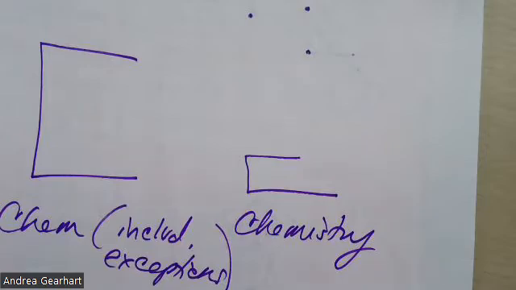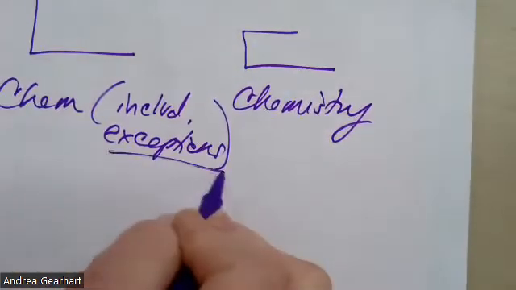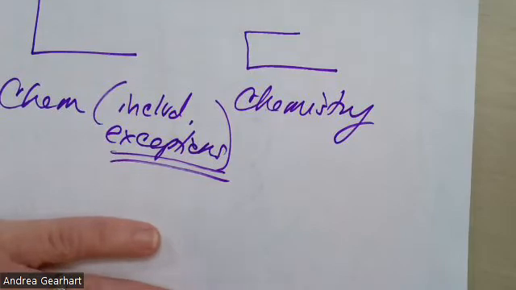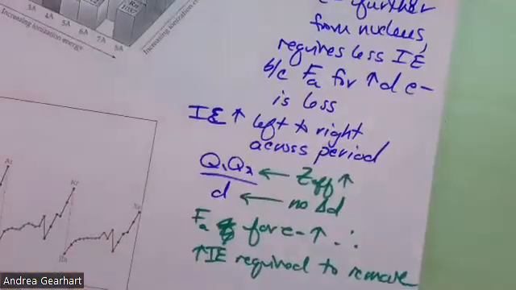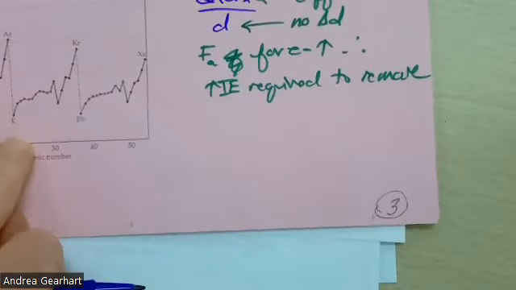I really appreciate that we've been relieved from knowing exceptions. We don't have to memorize them, but if an exception is brought to your attention, we need to be able to explain it. Okay, let's go back to page 3.